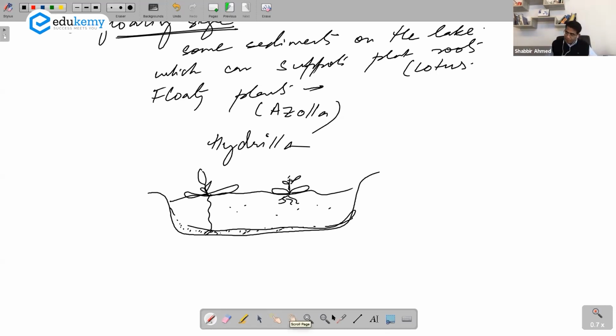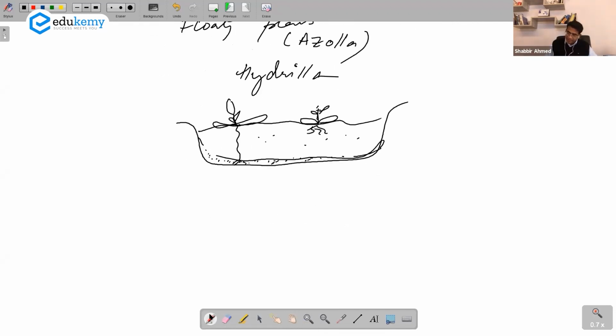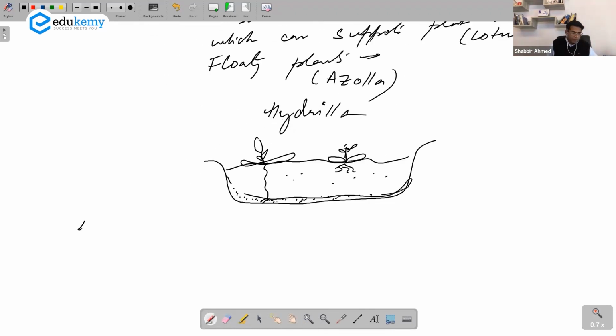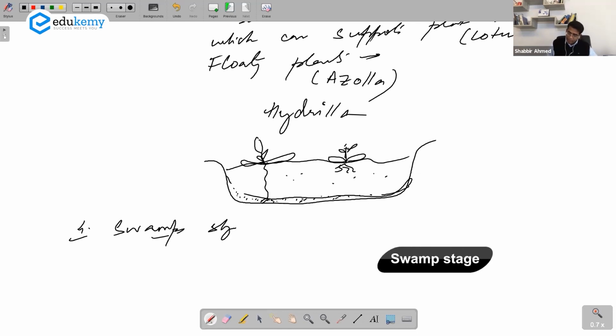Then we have the swamp stage. The next stage is the swamps. Swamp stage. इसमें क्या है? The shallow lake gradually fills up.